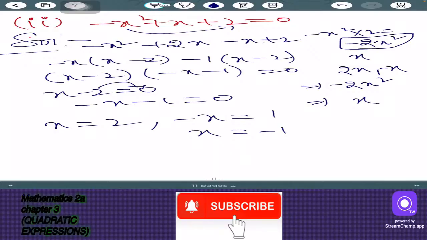So the roots are minus 1 and 2, which are real and distinct. Very good, Bilal, very good.